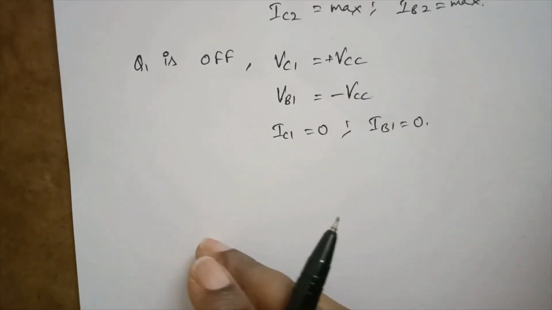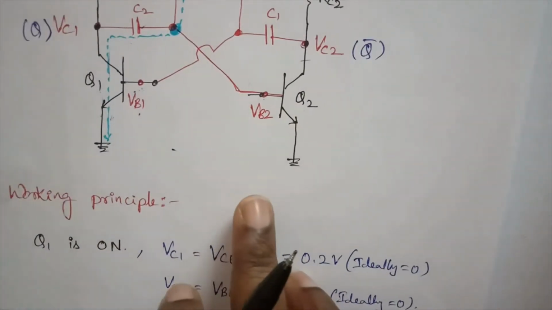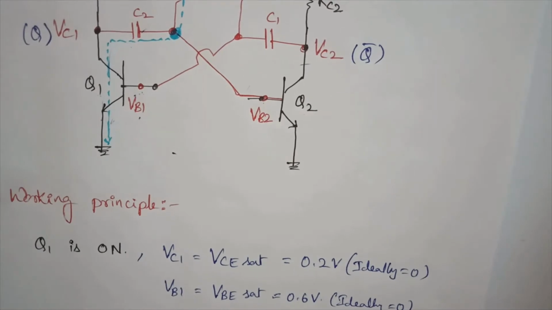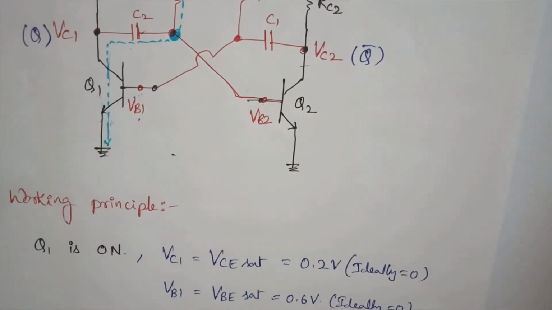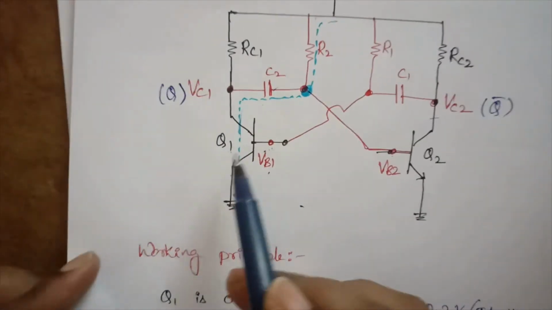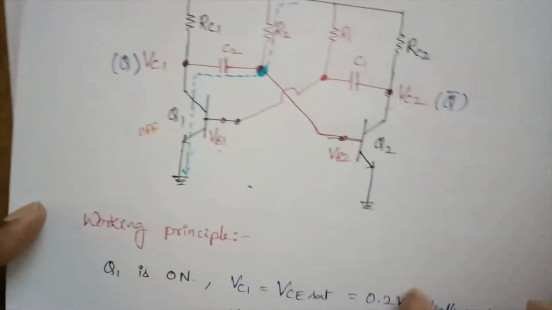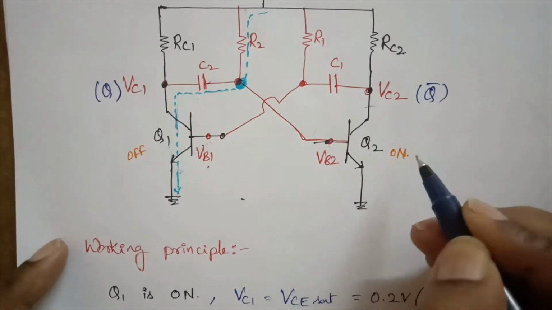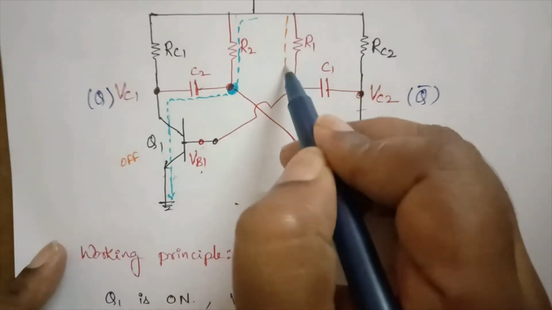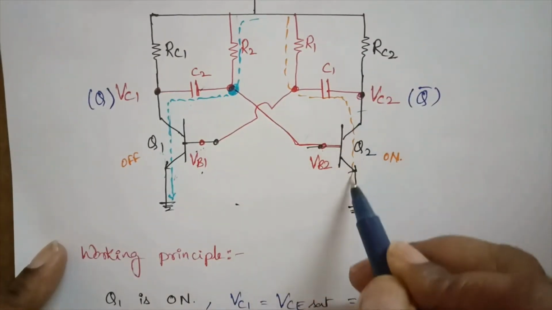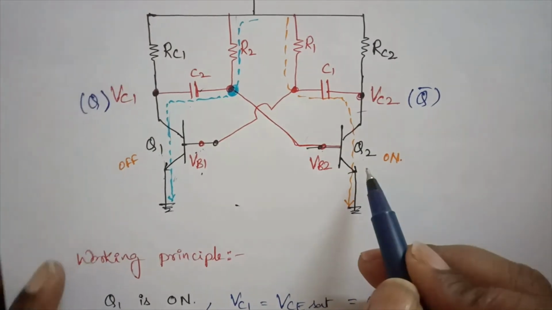But at this time what happened? So here, Q1 is off and Q2 is on. So there is a closed path from VCC to ground through Q2.